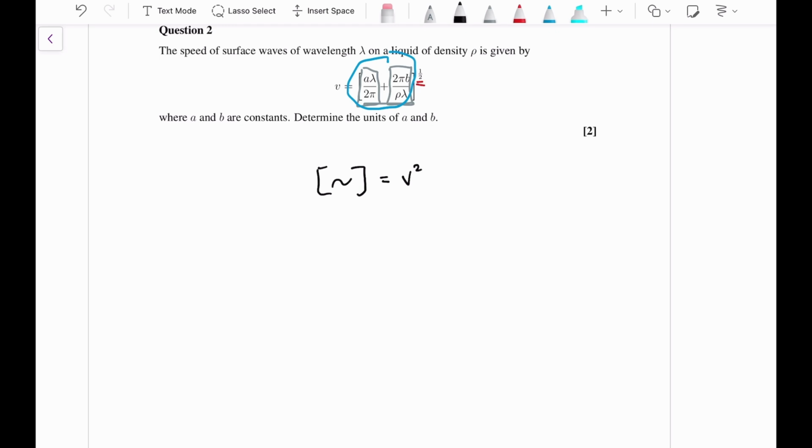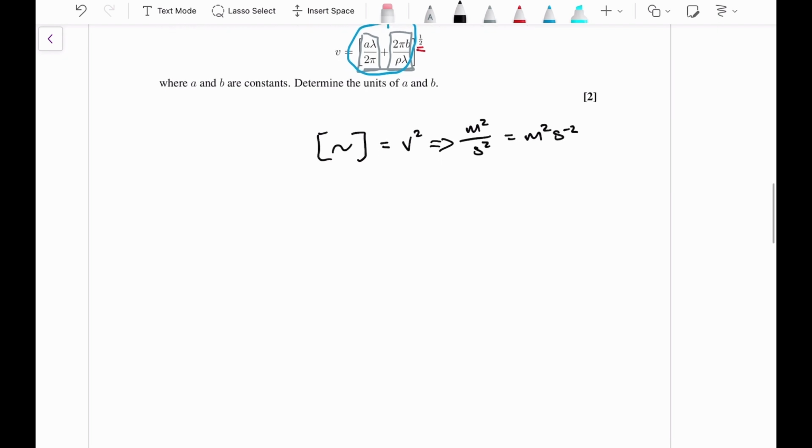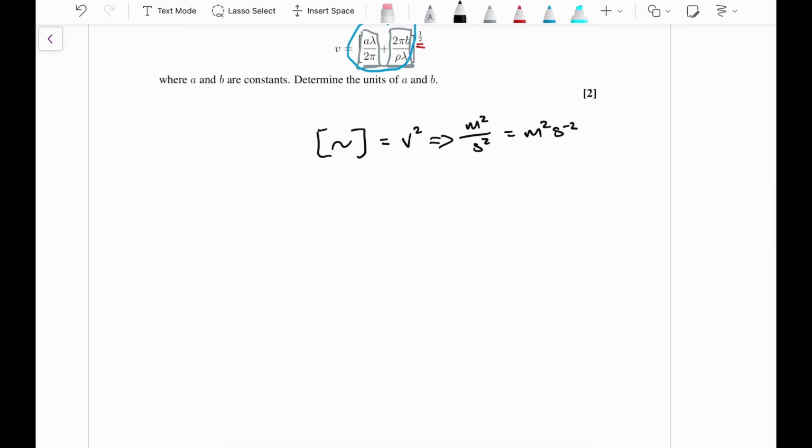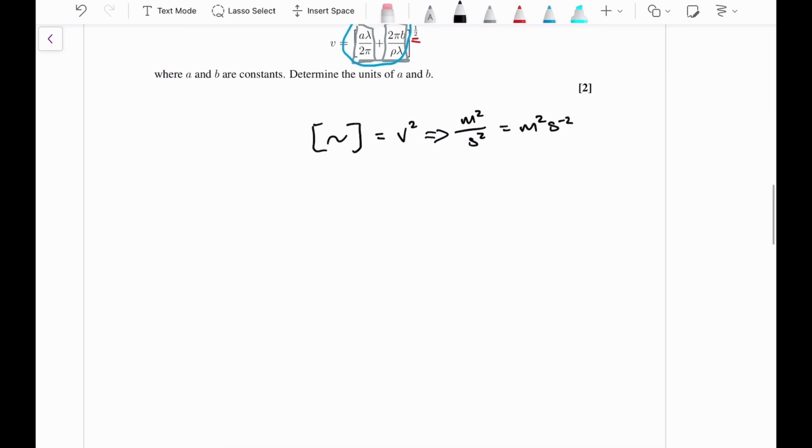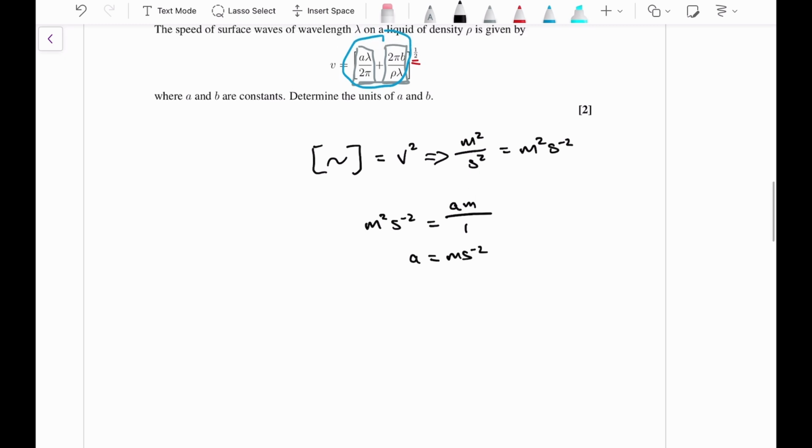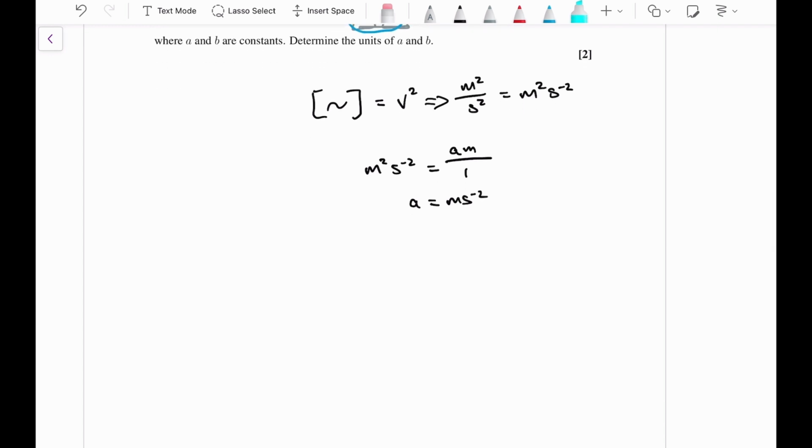So therefore the units of either of the terms will be equal to m squared over s squared, which is m squared s^-2. So first of all, for a times lambda, which is measured in m, over 2 pi, which is constant, we can say it's 1. So therefore the units of a will be equal to m s^-2, which is acceleration actually. Now this will be one of the answers.